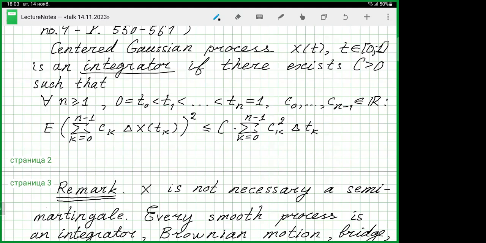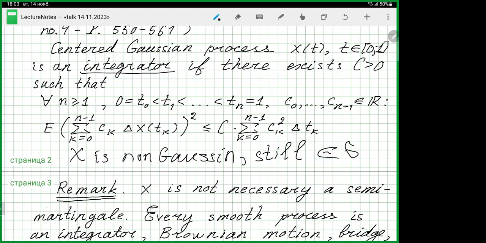You see, the following answer can be given. If the process X is non-Gaussian, but still measurable with respect to W, then the integral with respect to X of a deterministic function will be well defined.